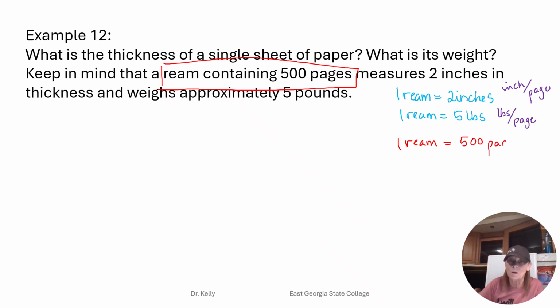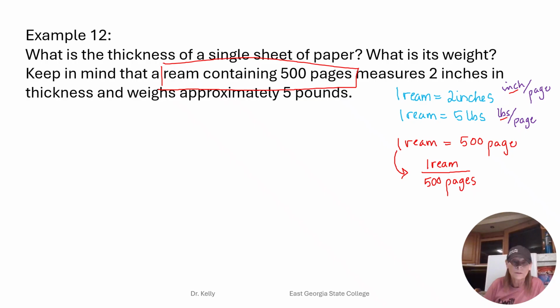And this is the one that relates the 2 pieces together. So we're going to start with that. And because we need inch per page or pounds per page, page needs to be on the bottom. So the conversion rate we're going to use here is 1 ream over 500 pages. That's how we've got to start both of these pieces.